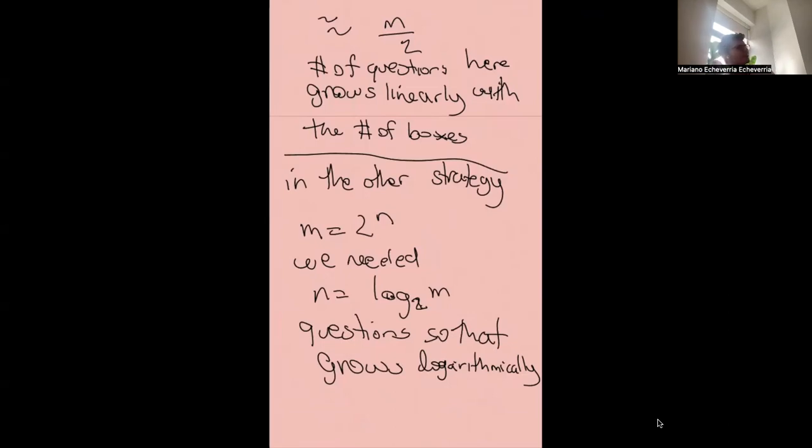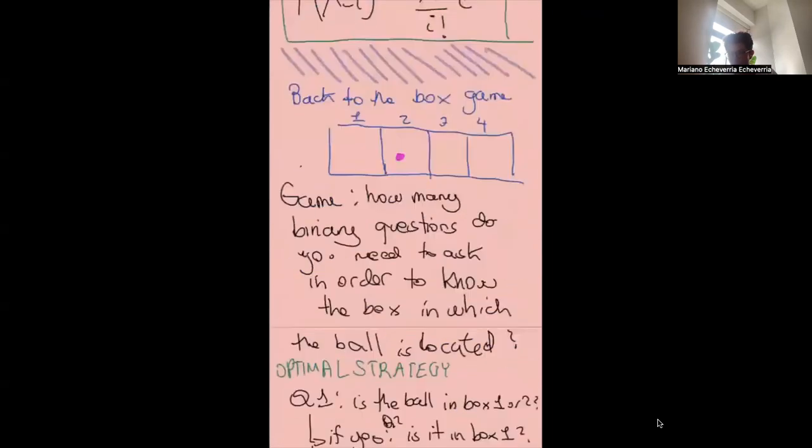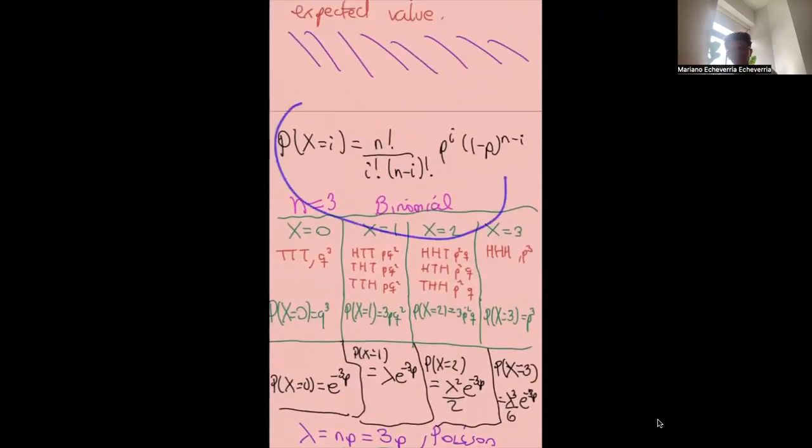I'm not sure how many details I should give about this, but this first strategy is related to the number of bits needed to describe the random variable. That's called the entropy of the random variable.